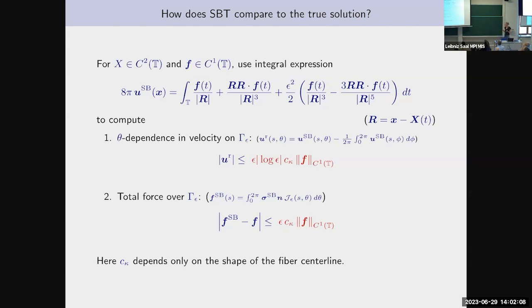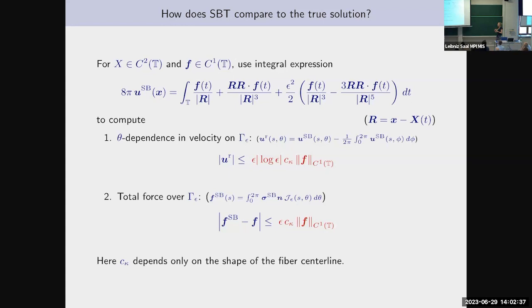Right. So in particular, in order to answer this question, we have to use the slender body expression, which I've written out in a bit more detail here, just to show all the terms that show up in there, to compute two error sources now. So there's one error source arising from, okay, if you take this expression and actually evaluate it on the surface of the filament, there's going to be some angular dependence, right?